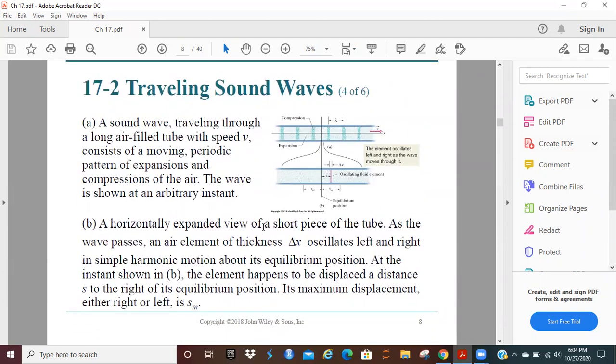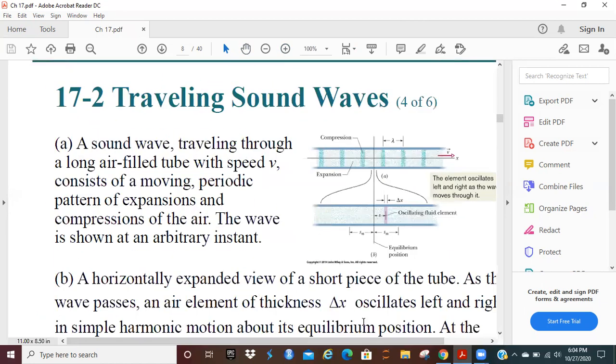So a sound wave traveling through a long air-filled tube with speed v consists of a moving periodic pattern of expansions and compressions of the air. So let's blow this up and see what we're talking about here.